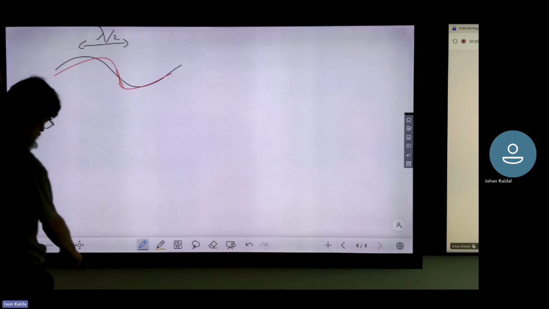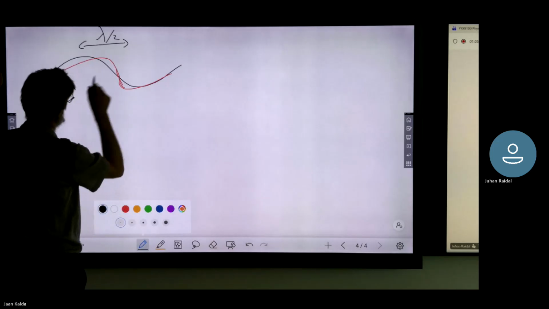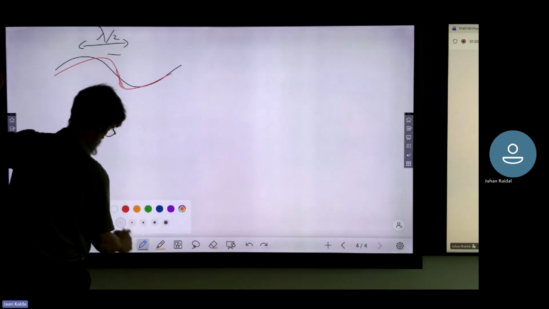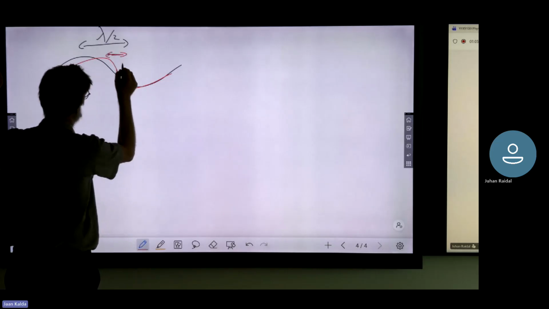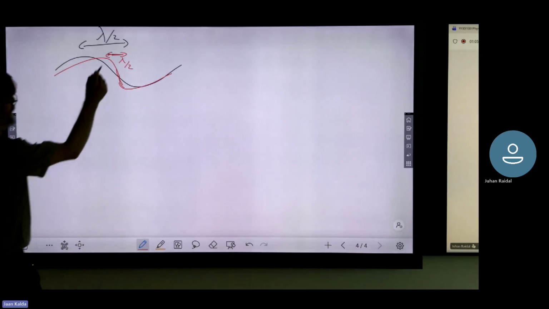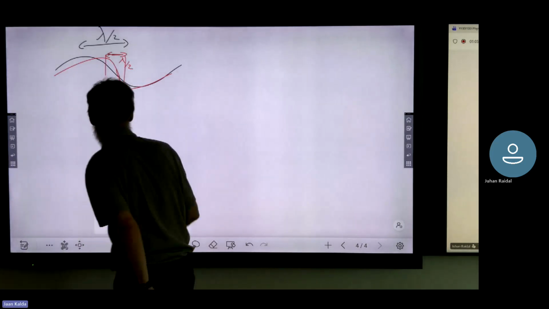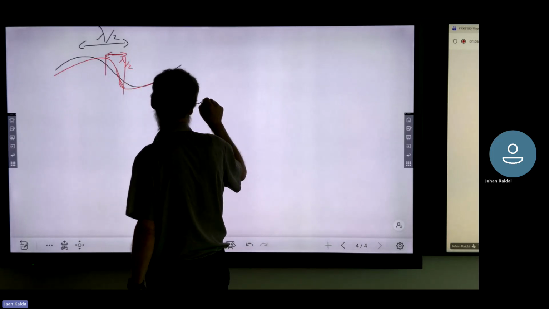But now, here, half of the wavelength became very short. Now half of the wavelength becomes very small, from maximum to minimum. And so it means that the wave vector k effectively grew. k became bigger.